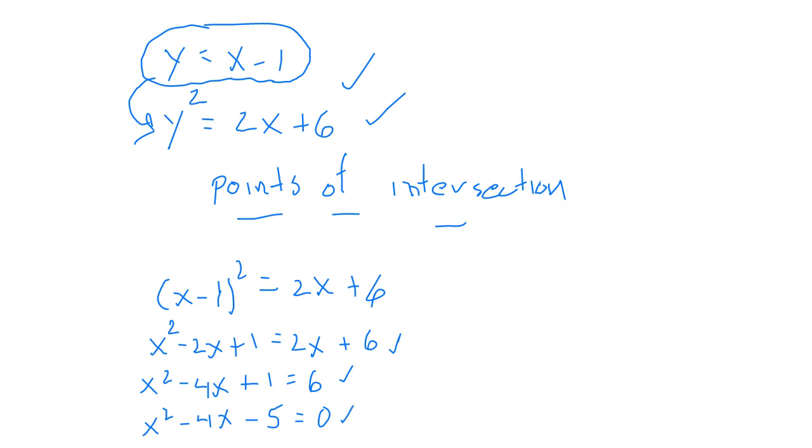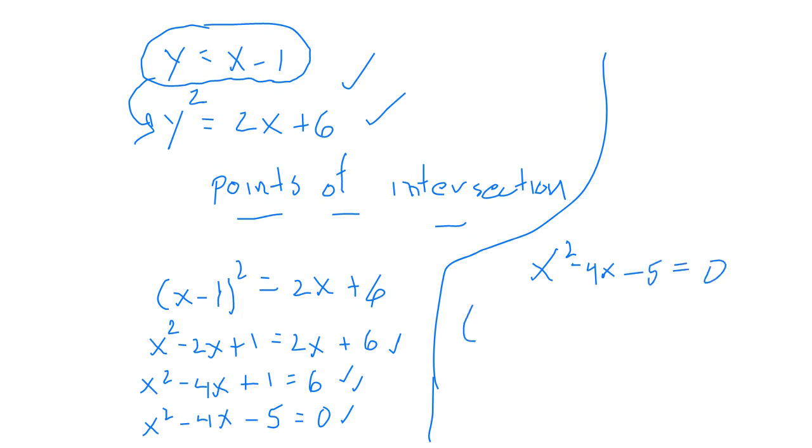And then here, I subtracted 6 on both sides. And so x squared minus 4x minus 5 equals 0. I want to solve for x. Well, this can be factored, right? What are the factors going to be?